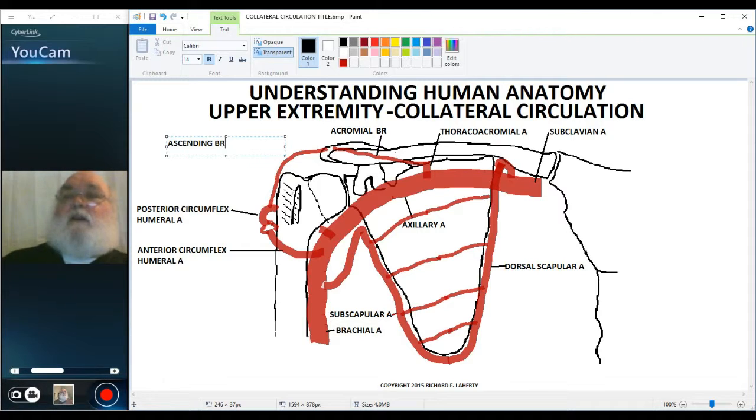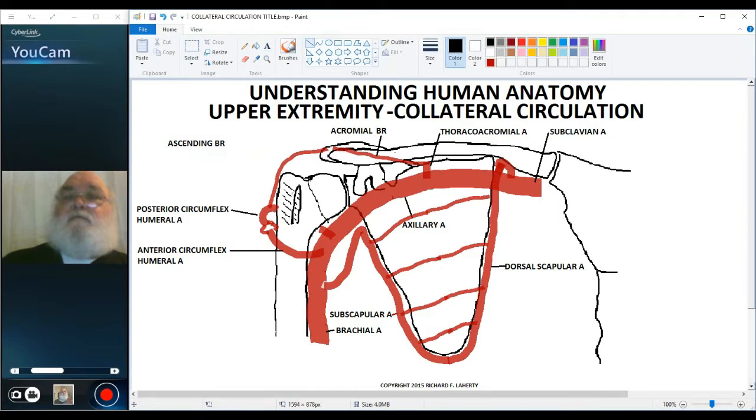And the ascending branch goes up to the acromion and participates in the anastomosis around the acromion.